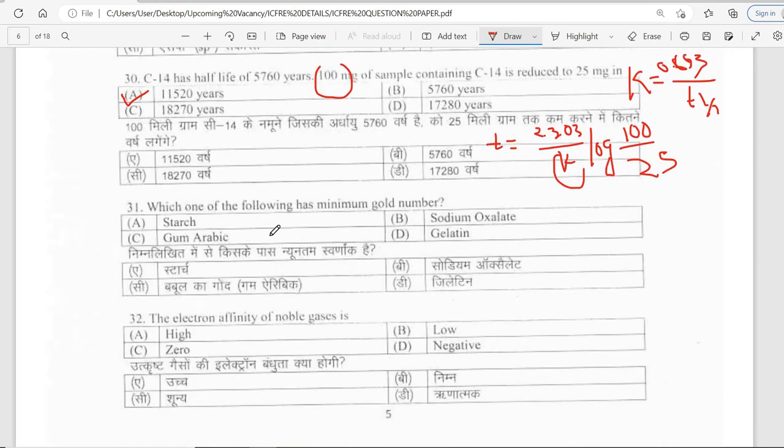Which of the following has the minimum gold number? Gold number is a topic from surface chemistry.